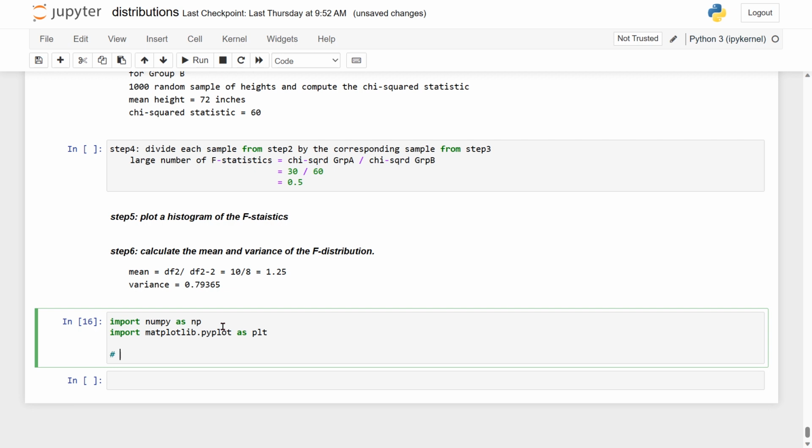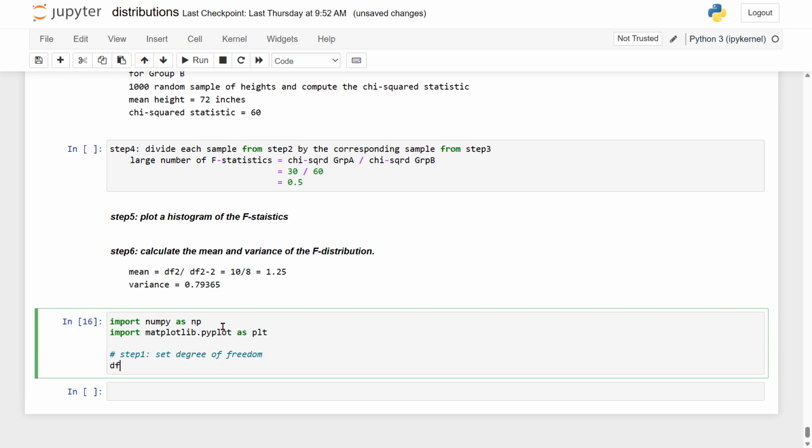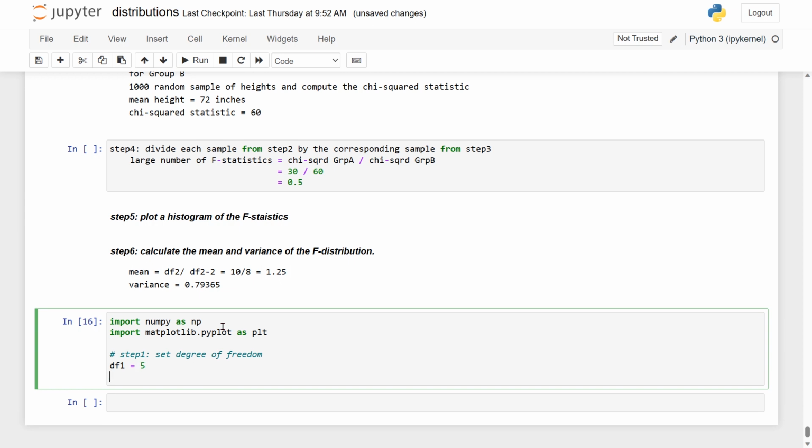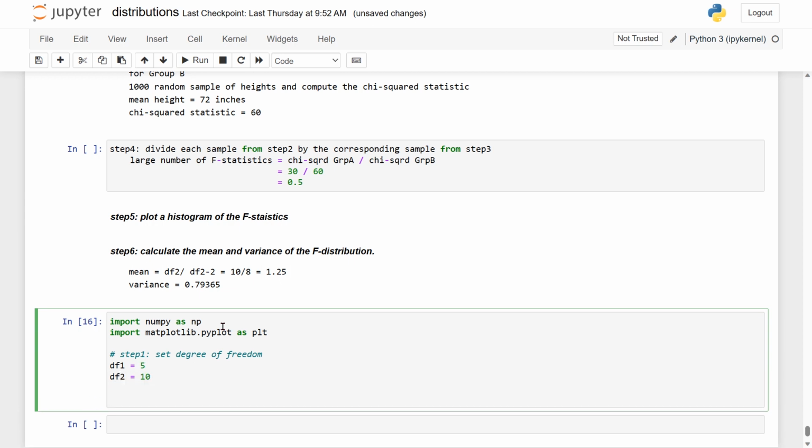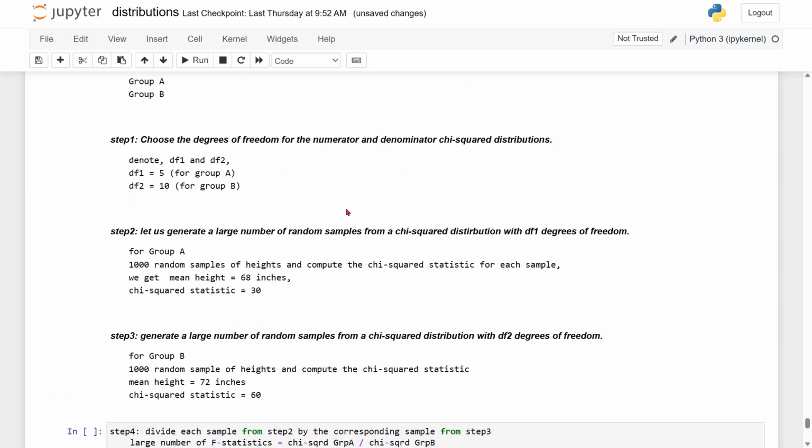Now it's time. Step 1, set the degrees of freedom. We are using the same data. So df1 is equal to, sorry, df1 is equal to 5. Degree of freedom 2 is equal to 10. Next, step 2 is to generate random samples. Same step. Let me copy this directly from here.